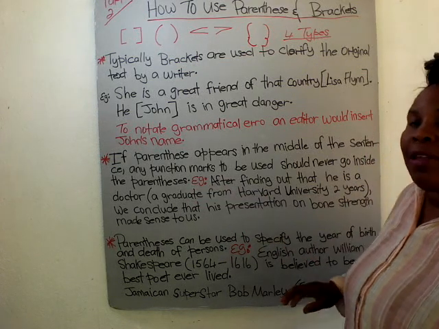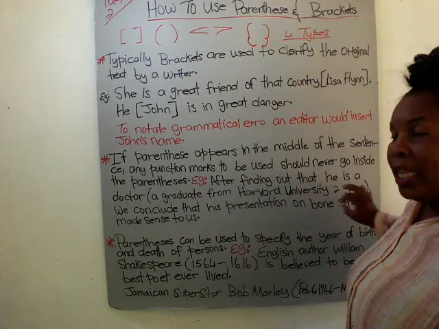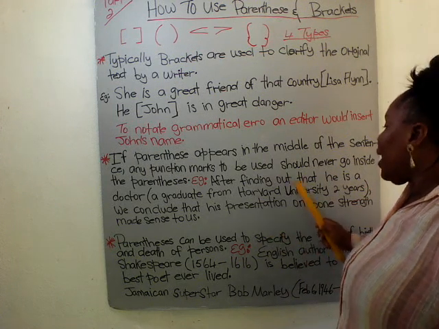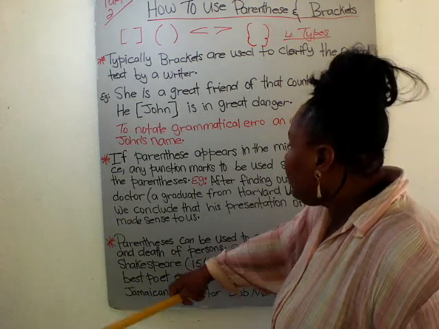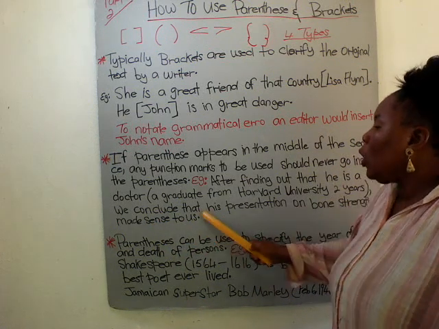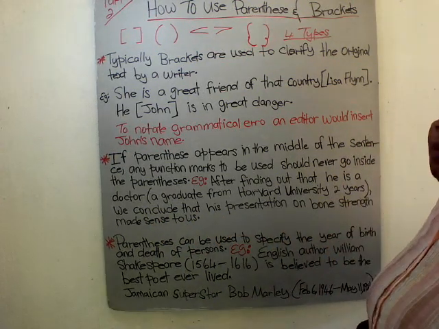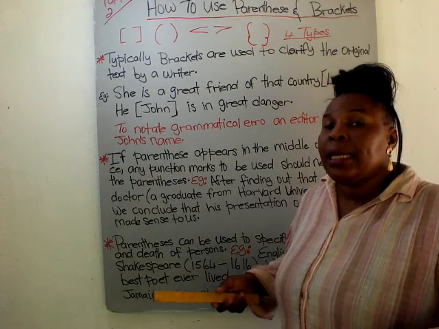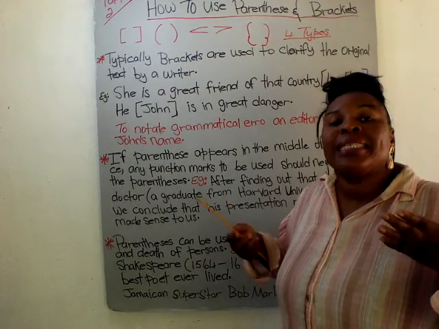Because that's what we have in parentheses. So we're going to take it away, omit it, subtract it from the sentence. After finding out that he is a doctor, comma, we conclude that his presentation on bone strength made sense to us. So you see, the sentence makes sense.